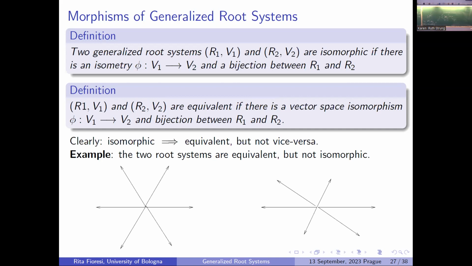Clearly, in this example, you get equivalent root systems that are not isomorphic because the root lengths are not preserved. And then you can ask, can I classify these things up to isomorphism, up to equivalence? So this is a question you may ask, but the other question is like everything we've seen so far. Is it really an example of a generalized root system? In what sense?